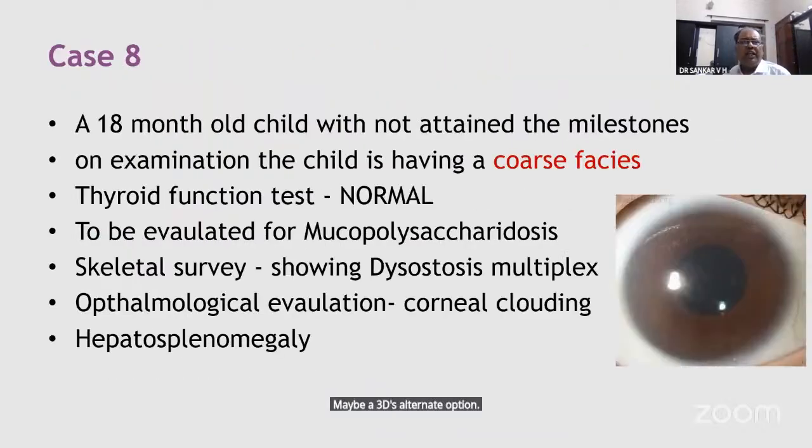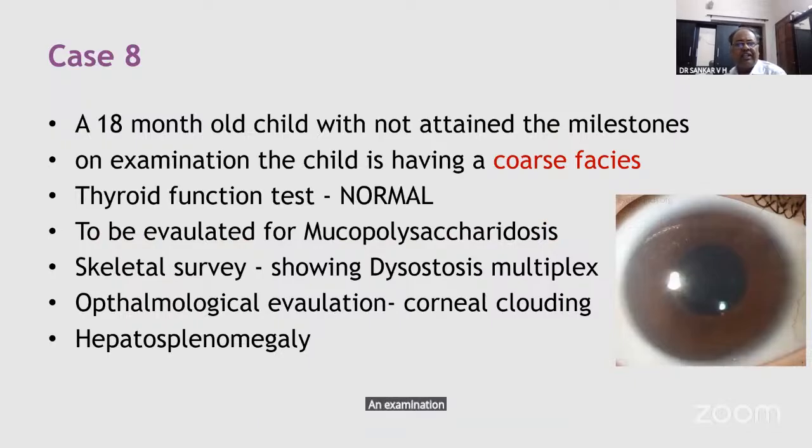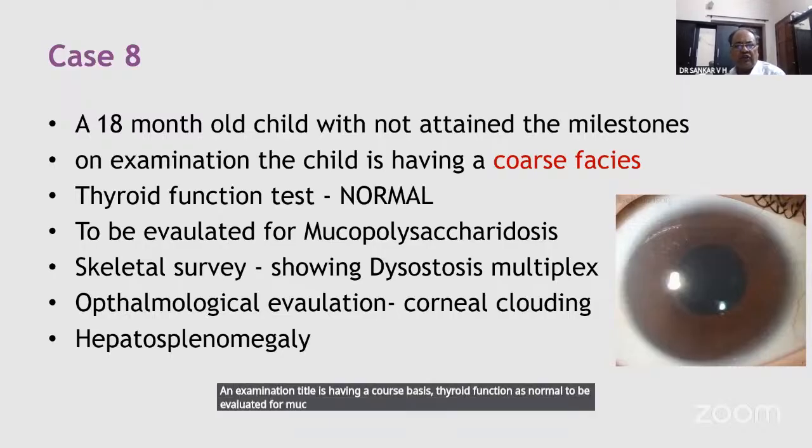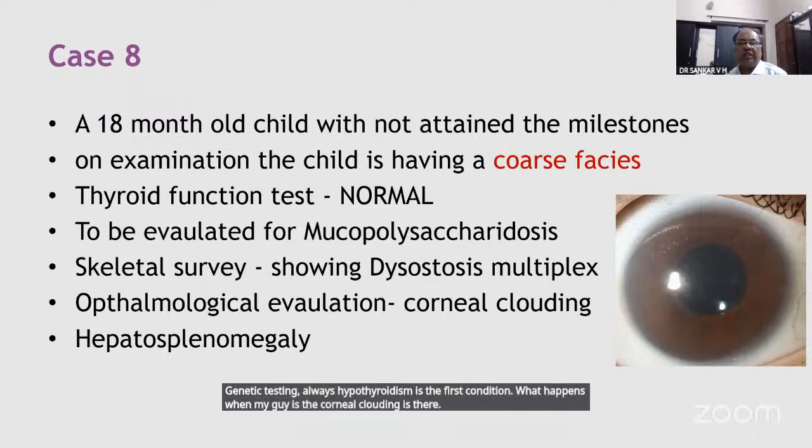Then metabolic disorder. One metabolic disorder: an 18-month-old child not attaining milestones. On examination, the child has coarse facies, thyroid function test normal, to be evaluated for mucopolysaccharidosis. Because as you know, with coarse facies hypothyroidism is always the first condition to consider, but hepatosplenomegaly is there, corneal clouding is there, dysostosis multiplex is there.